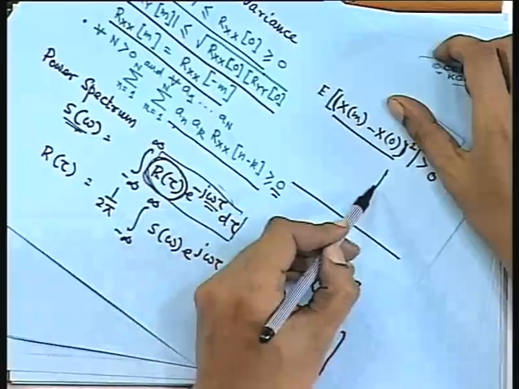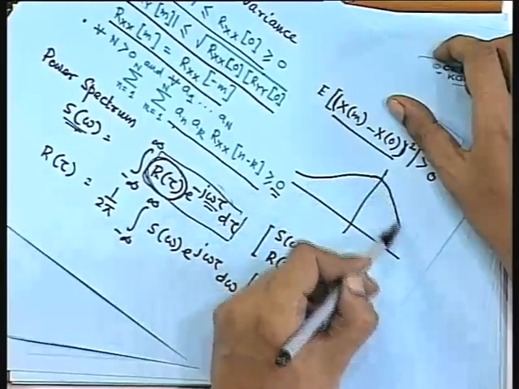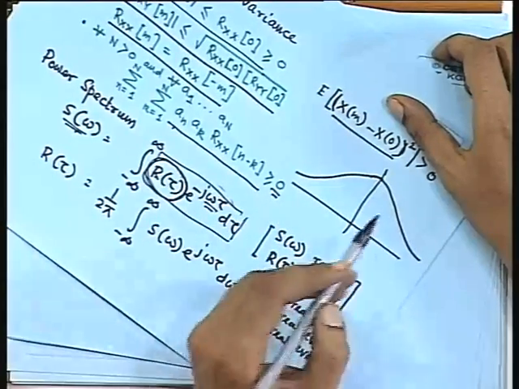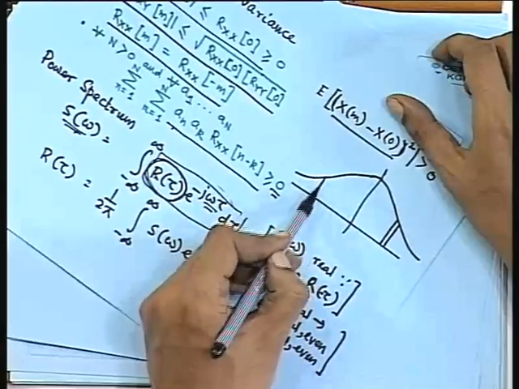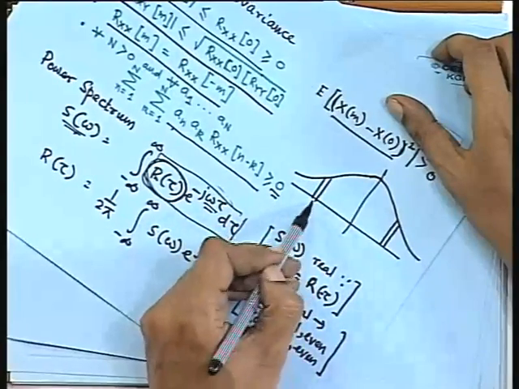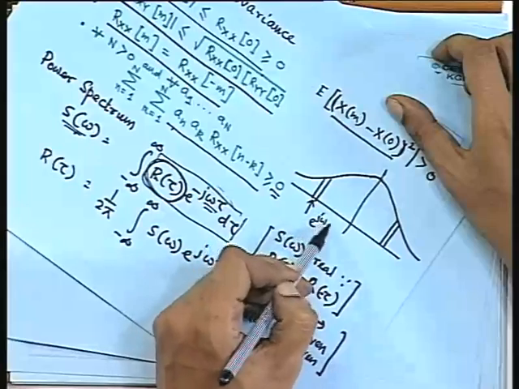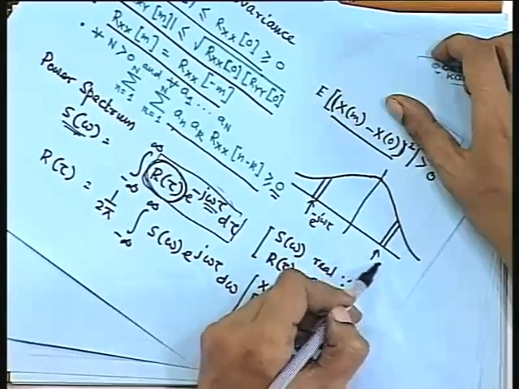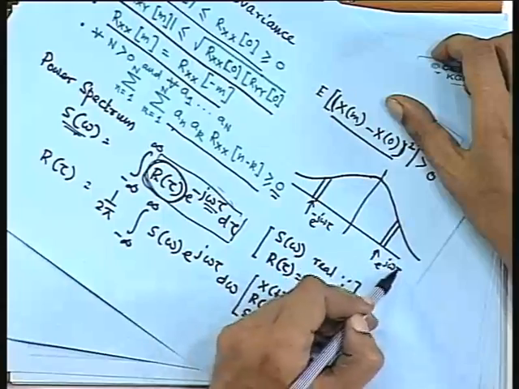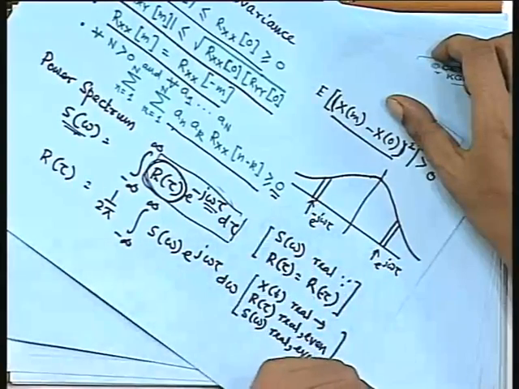Suppose R tau is a function like this. Now what are you doing? You are taking this and multiplying this one by e to the power minus j omega tau, and multiplying this one by e to the power j omega tau. This is tau and this is minus tau.